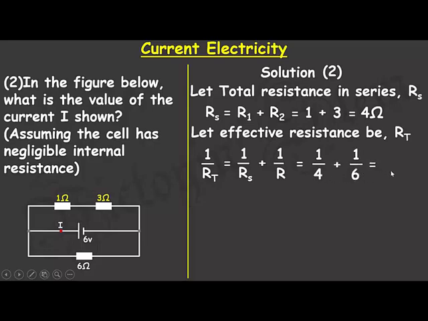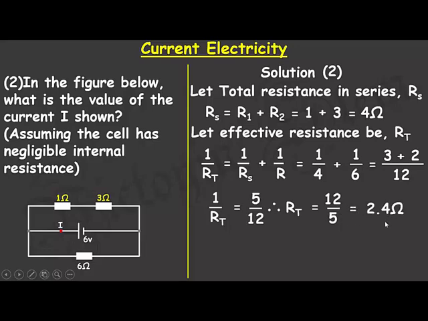The LCM of 4 and 6 is 12. 12 divided by 4 is 3, 3 times 1 is 3, plus 12 divided by 6 is 2, 2 times 1 is 2. Now 1 over RT equals 3 plus 2, which is 5 over 12. To find the effective resistance going through this circuit, it will be the reciprocal of 5 over 12, which is 12 divided by 5, and 12 divided by 5 is 2.4 ohms.